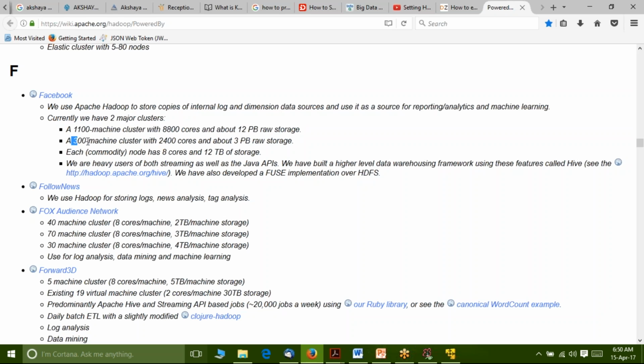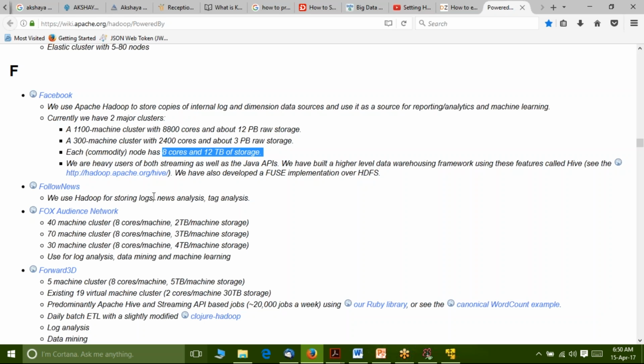And a 300 machine cluster with 2400 cores and about 3 petabyte raw storage. Each node, the commodity node, not the master, has 8 cores and 12 TB of storage. So you understand from this one.